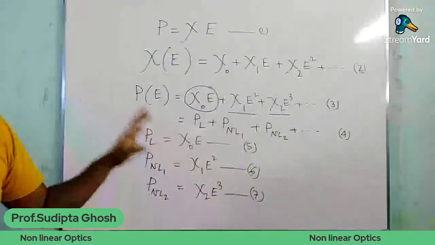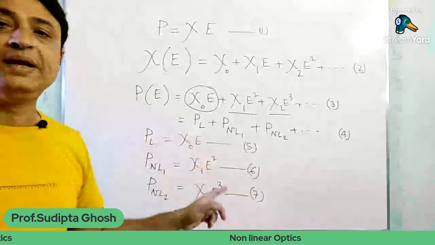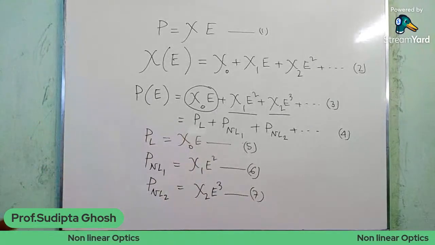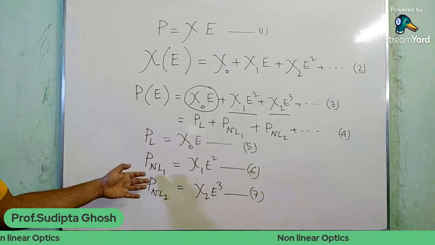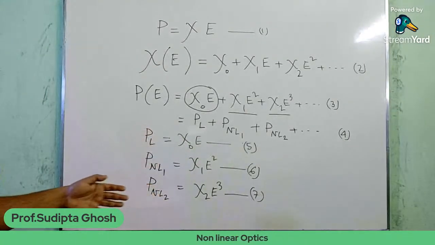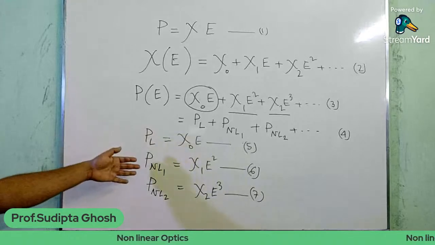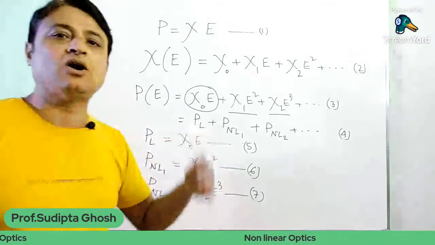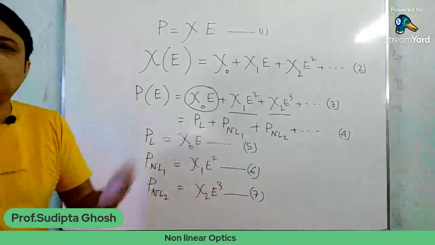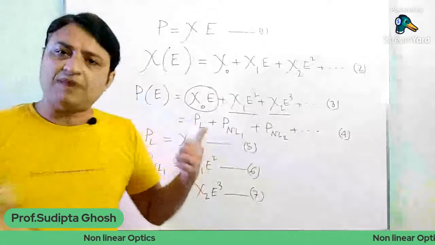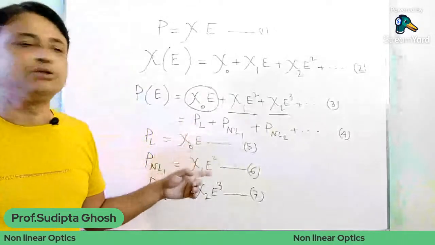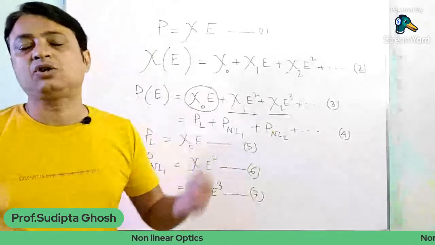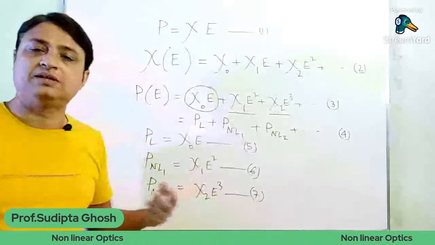Number one, the linear effect due to the term PL. Then proceeding towards equation number 6, the second effect can be observed as the first order non-linear effect, and thereafter the second order non-linear effect. So three things can be observed. Firstly, the linear effect due to equation number 5. Secondly, the first order non-linear effect due to equation number 6.